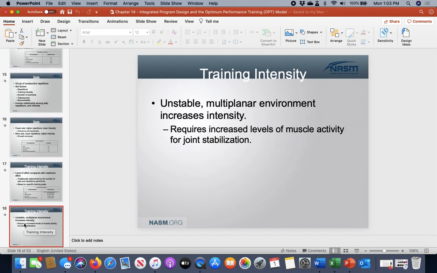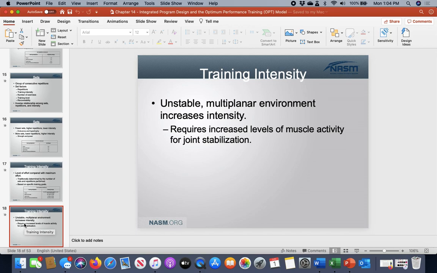Okay. So with training intensity 2, to make things more challenging, you can use unstable multi-planar environments that can enhance the level of intensity that you're really trying to use. Now, what's happening is you are requiring a lot more joint stabilization, so you're going to have more neuromuscular recruitment, more motor units are going to be called upon to do this.